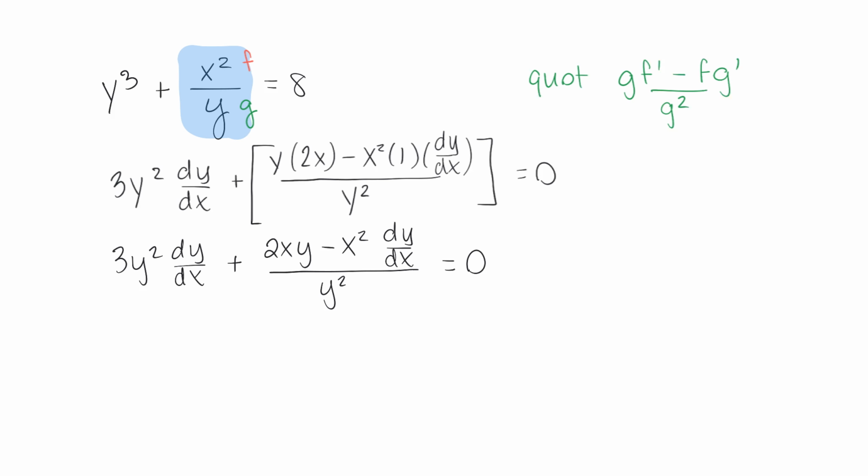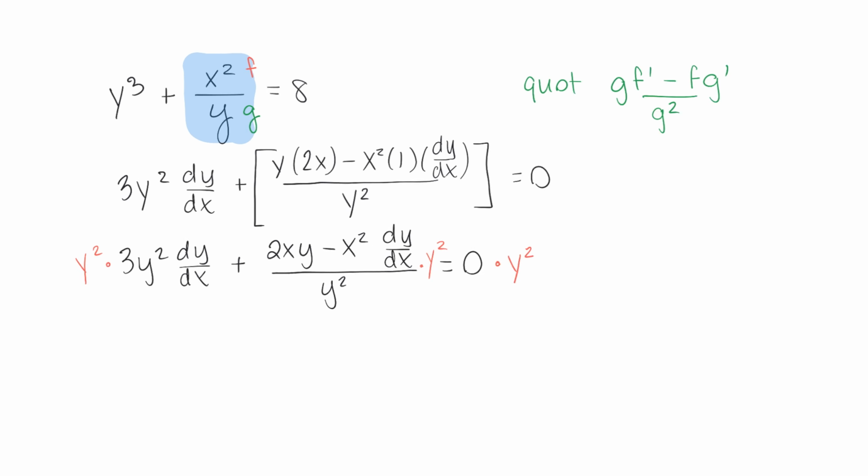Now, we really need to get this y squared out of here. So we're going to multiply everything by y squared, right? So if I multiply this by y squared, and this by y squared, and this by y squared, what happens?